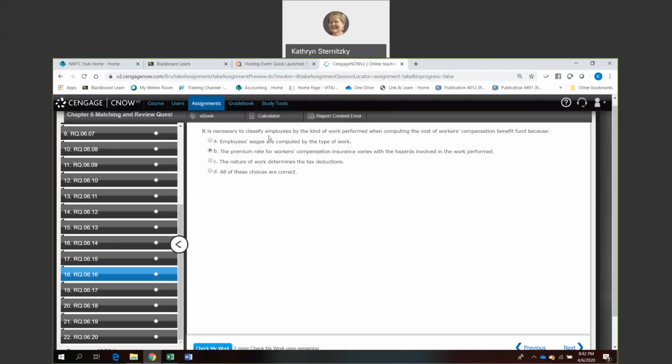It is necessary to classify employees by the kind of work performed when computing the cost of workers' compensation benefit fund because the premium rate for workers' compensation insurance varies with the hazards involved in the work performed. And that is true. Higher premiums for more hazardous work.